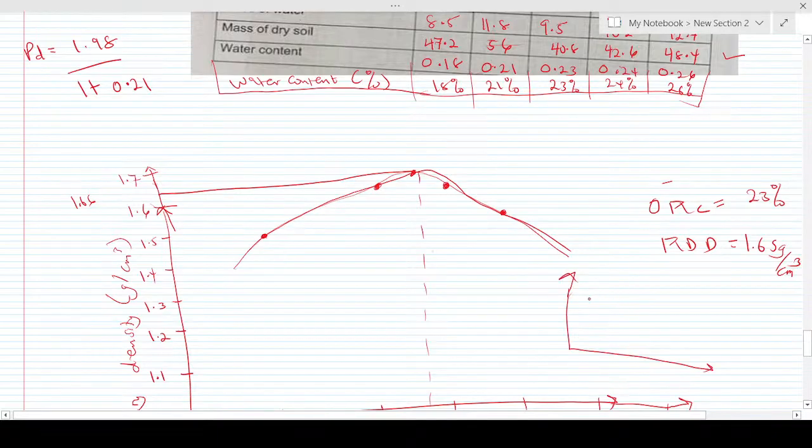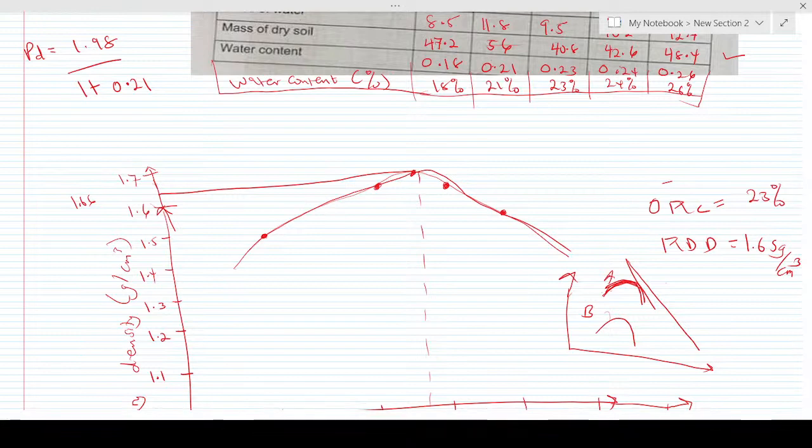If I have two compaction curves, let's say this way, and I have an air void line this way, the curve that's closer to the air void line is the one that's being compacted more. So let's say this is A, this is B. Since A is closer to the air void line, A has a higher compaction energy than B. So the one that's closer. I think it was about compaction energy.